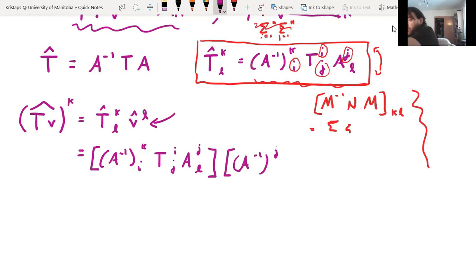Actually, let me just double check here. It should be J on the lower part, L up here, and V J on the upper part of it.